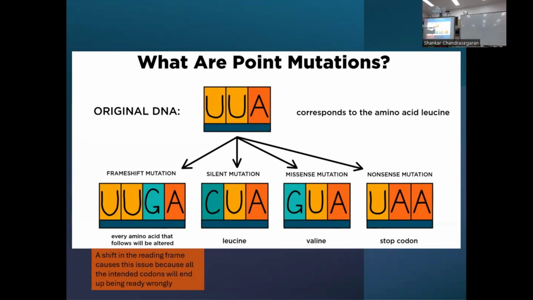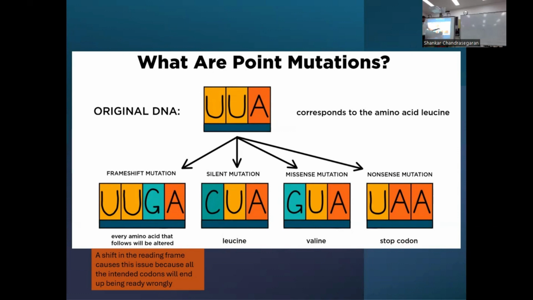A silent mutation, that's when it's a point mutation, something has been substituted, but instead of it changing the final amino acid that's being produced, it's still producing the same amino acid, basically making sure that no changes occur to the protein and the folding later on. A missense mutation is when it codes for a different amino acid suddenly, and that can either be advantageous or deleterious depending on the change that has occurred.